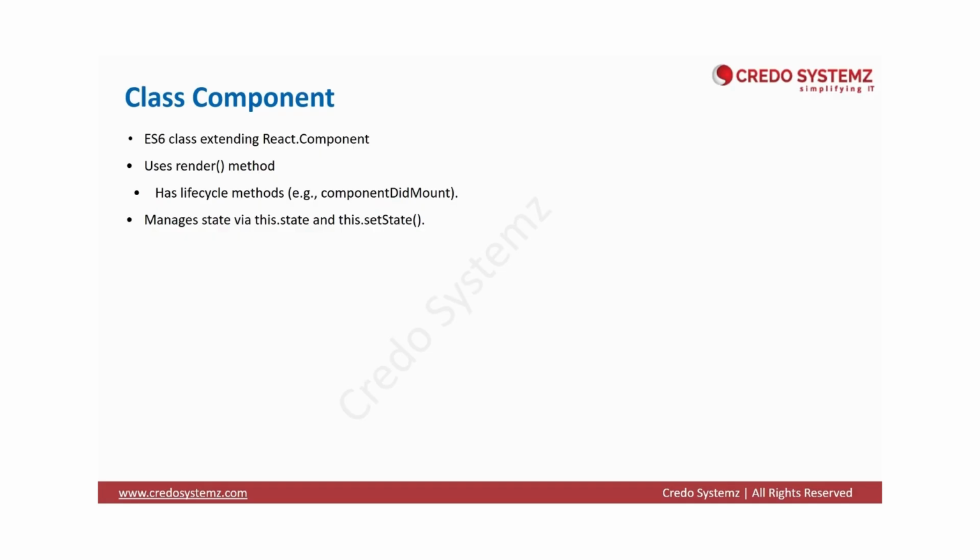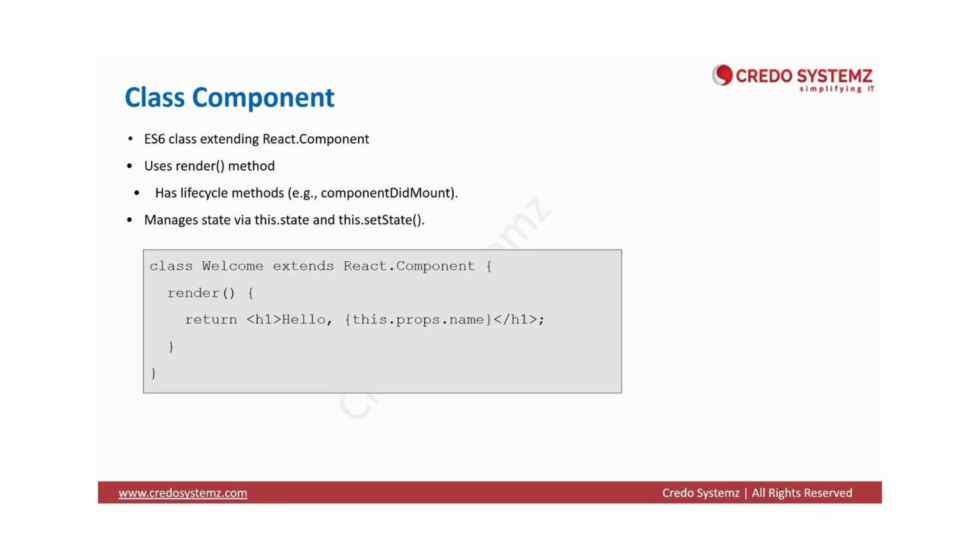Next, this is the sample class component code. If you see, there is a class keyword and a class name. This Welcome class gets inherited from React.Component, and this React.Component class is actually coming from the React library. If I remove this, then this is just an ES6 class with a function.